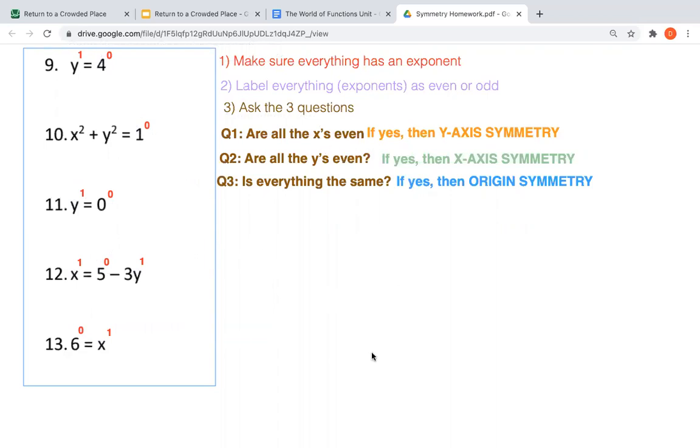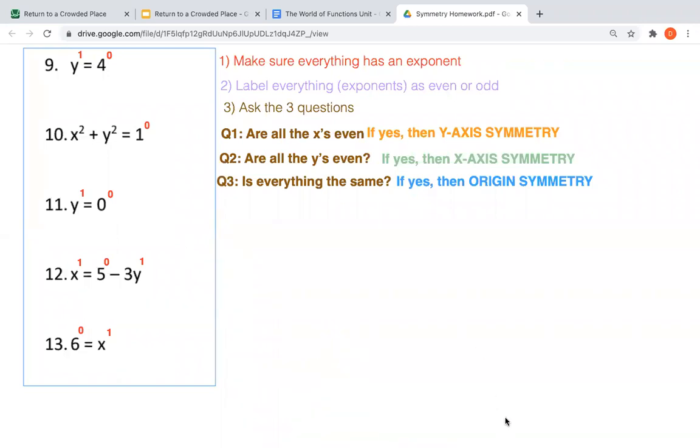So are all the x's even? Let's go ahead and check that. Number 9 has no x's. No x's equals 0, which means it is even. 10. Actually, I forgot to label that.